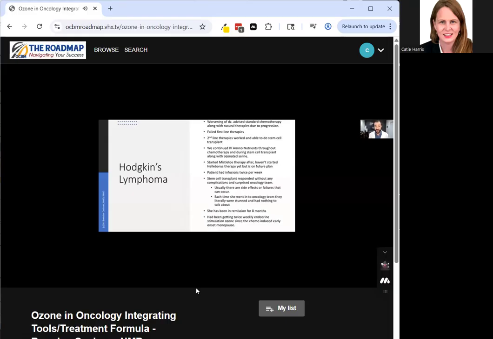Her recovery and her ability to go through these therapies was incredible, though, meaning it surprised everyone in her oncology unit. I'll tell you that when she went back for a checkup after she did her stem cell transplant, they said, whoa, this is impressive. We usually don't see people rebound this quickly.